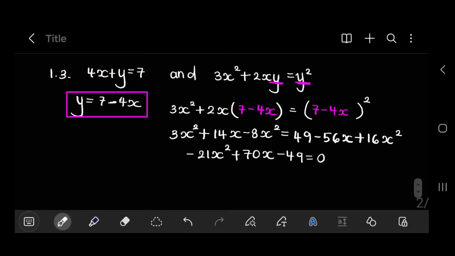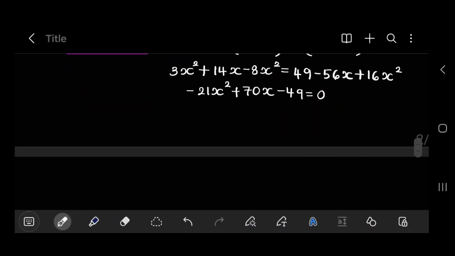Now this is what we're left with. And to solve, what we can do is take all of these values as we have it and substitute into the quadratic formula, or you can simplify by noticing that every term can be divided by negative 7. So you can divide throughout by negative 7 and then factorize, but I think it's a lot easier here to just substitute your values into your quadratic formula.